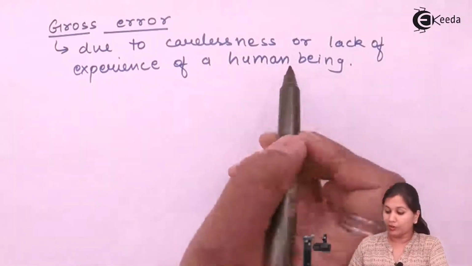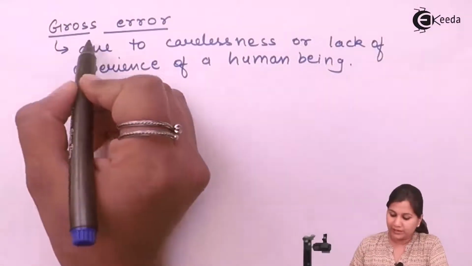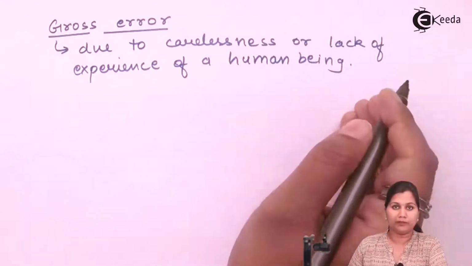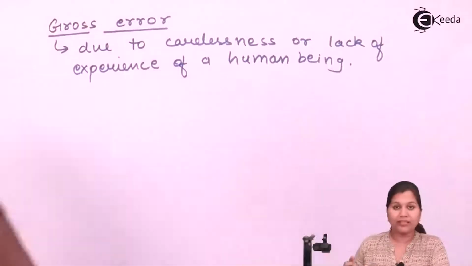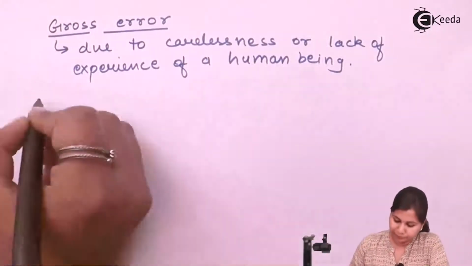Also, if the human being has no experience of working with that instrument or doing that measurement, then error can occur. So gross errors occur due to carelessness or lack of experience of a human being. It is just the mistake of that human being. So how can we eliminate such types of error?